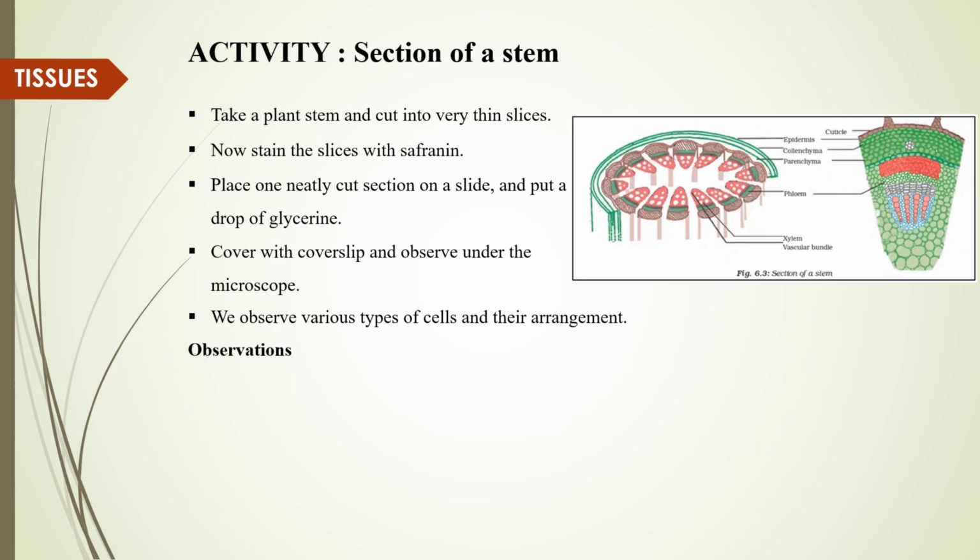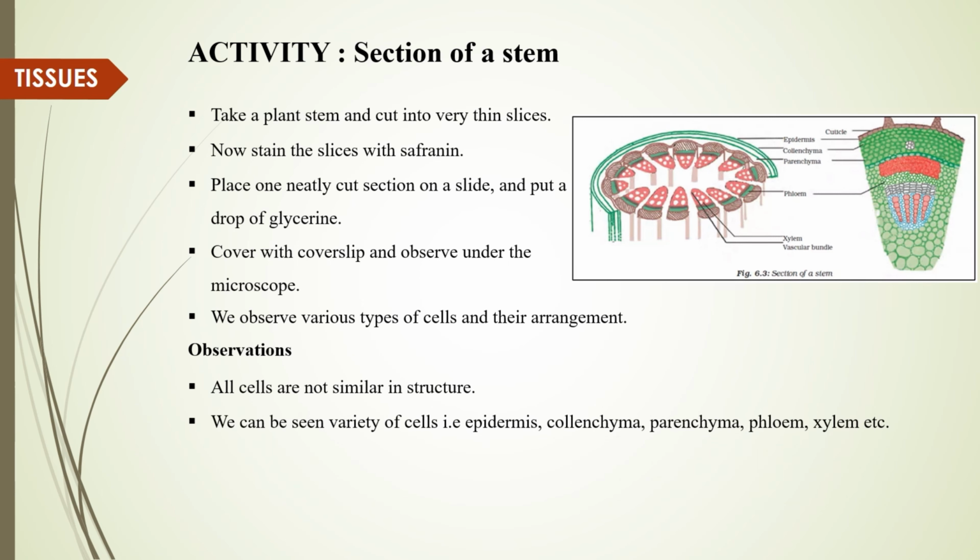Observations: all cells are not similar in structure. We can see a variety of cells, that means epidermis, collenchyma, parenchyma, phloem, xylem, etc. Plants show many types of cells because they perform various functions.